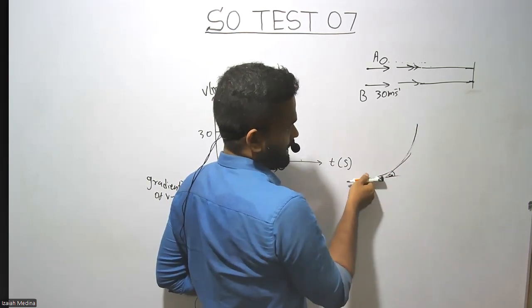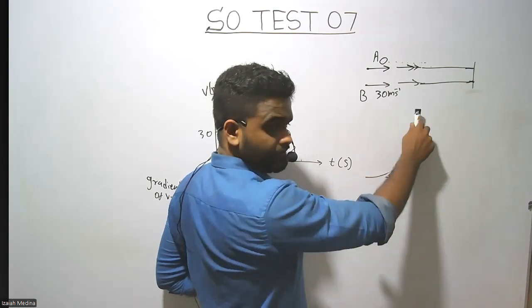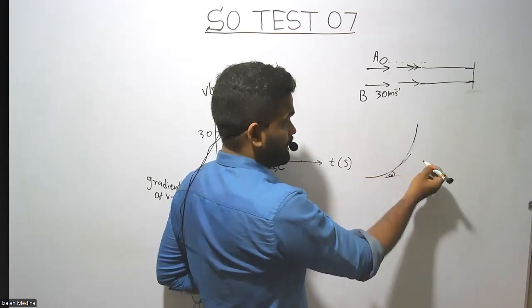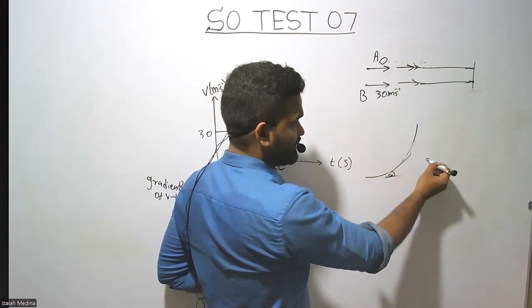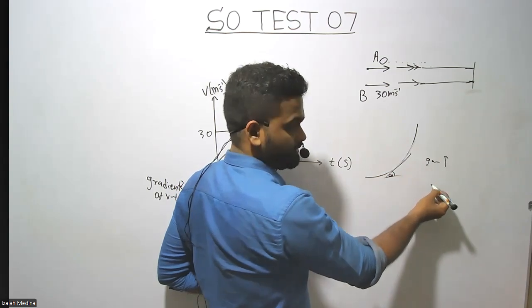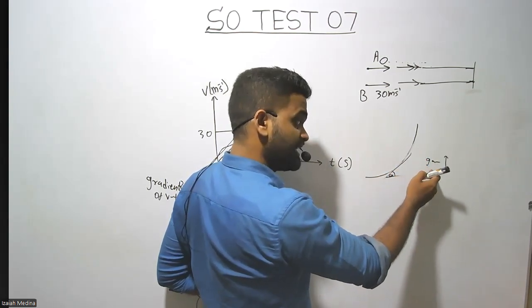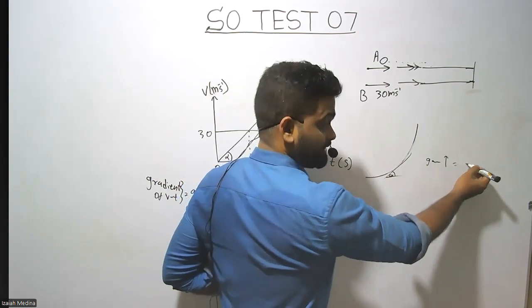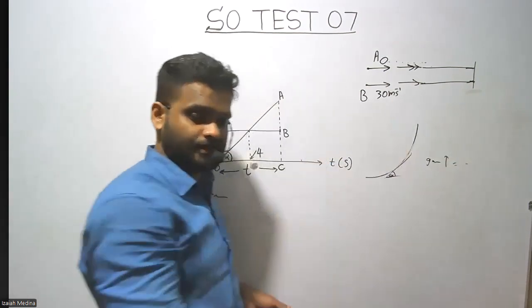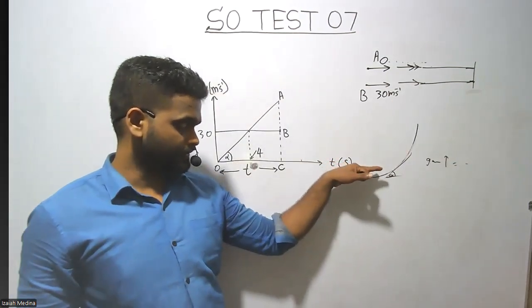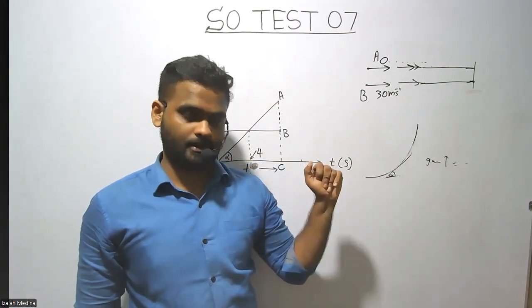As you're moving along the graph, alpha is increasing. So the meaning of that is the gradient is increasing. If it is a VT graph, gradient means acceleration, right? So acceleration is increasing, if you get a shape like this, okay?